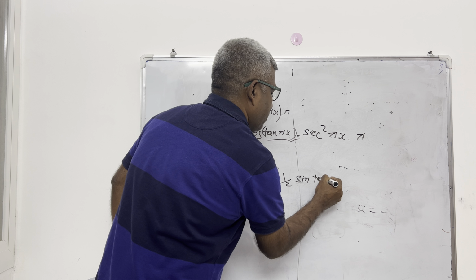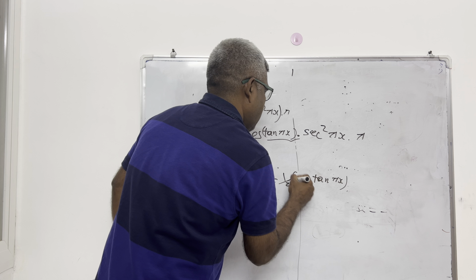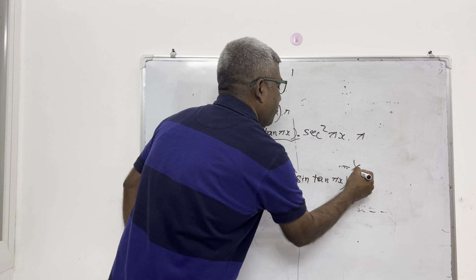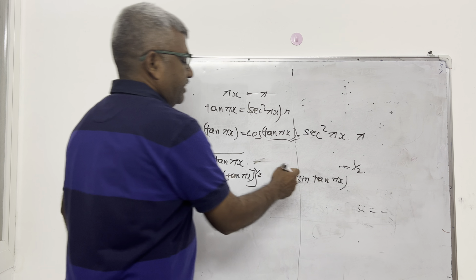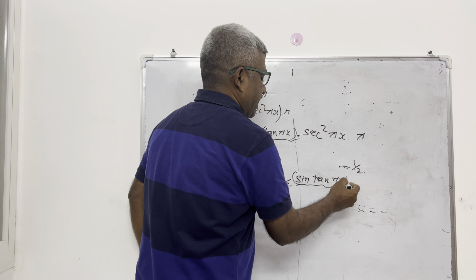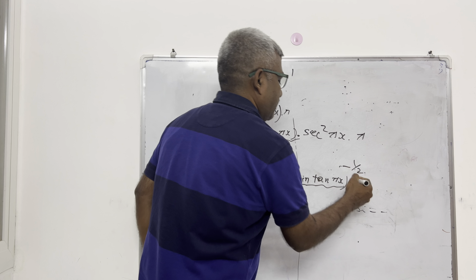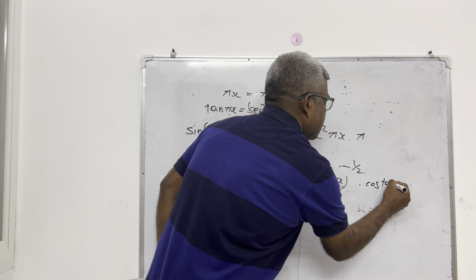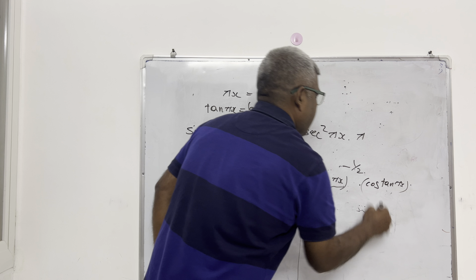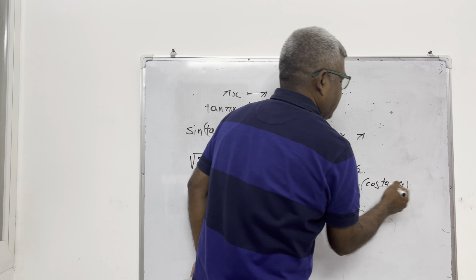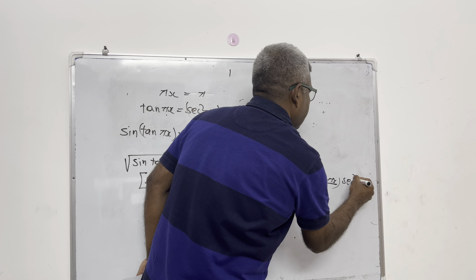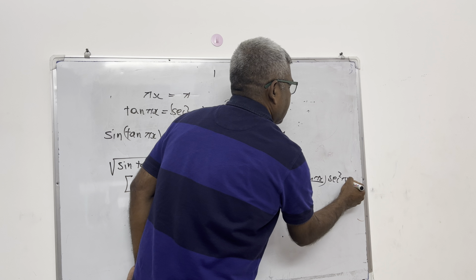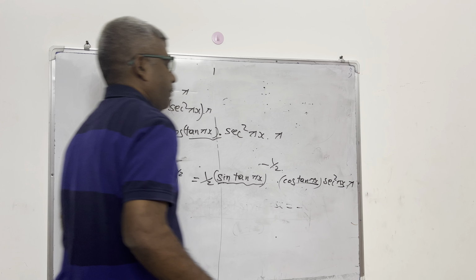Sin tan pi x, half minus 1 is minus half. Then sin tan pi x we have to differentiate. Sin tan pi x is cos tan pi x. Then tan pi x, if you differentiate, secant squared pi x. Then pi x, if you differentiate, pi.